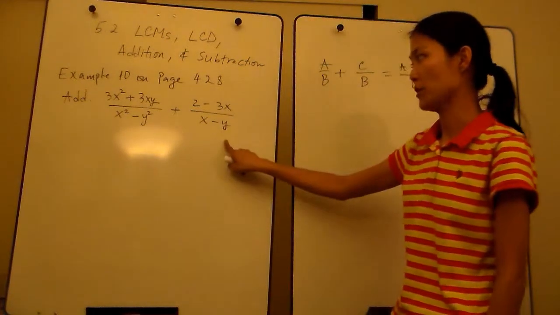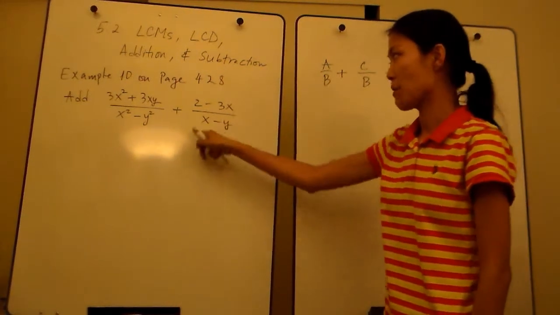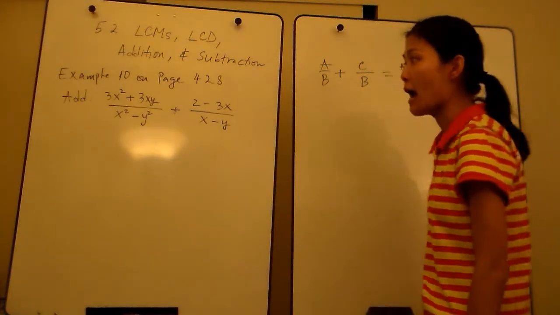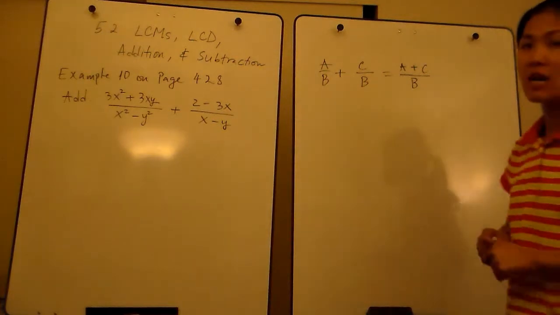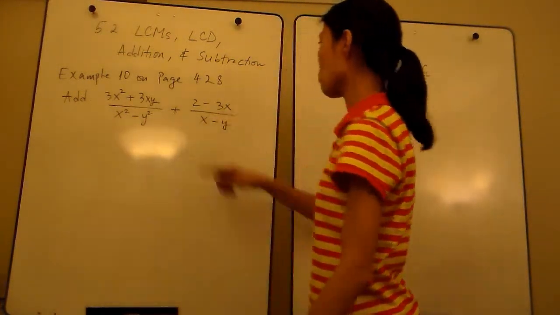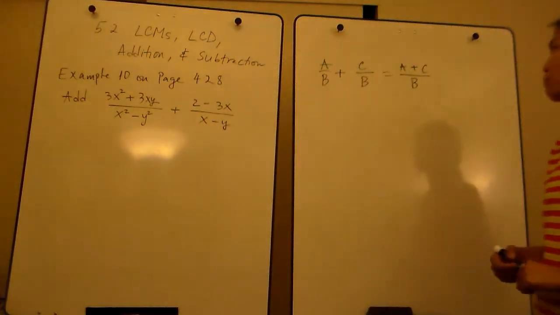For this second fraction, its denominator is x minus y. So actually, these two fractions do not have the same denominator. The denominators, x squared minus y squared and x minus y, are different.